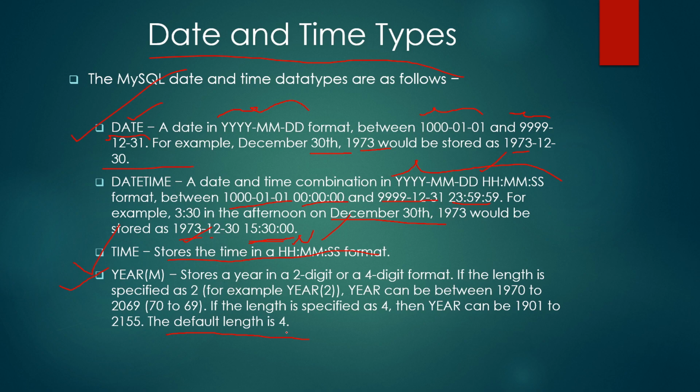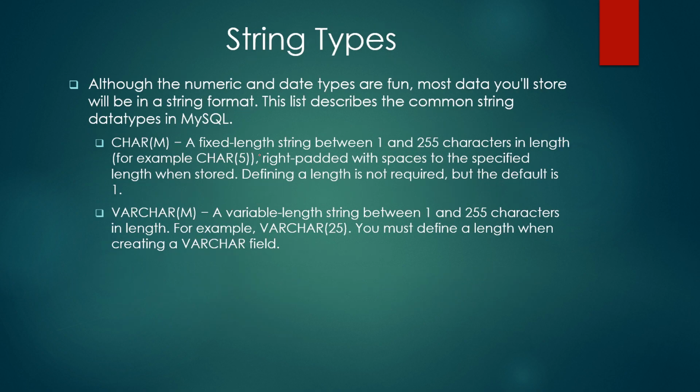Okay, so now let's move to strings. Now strings and numeric are used the majority of the time, but even date and time are used. So I'm not bifurcating among any data types. Although the numeric and date types are fun, most data you will store will be in a string format.